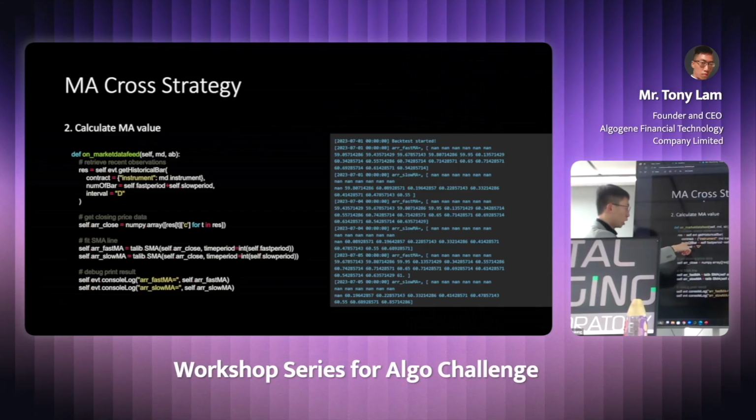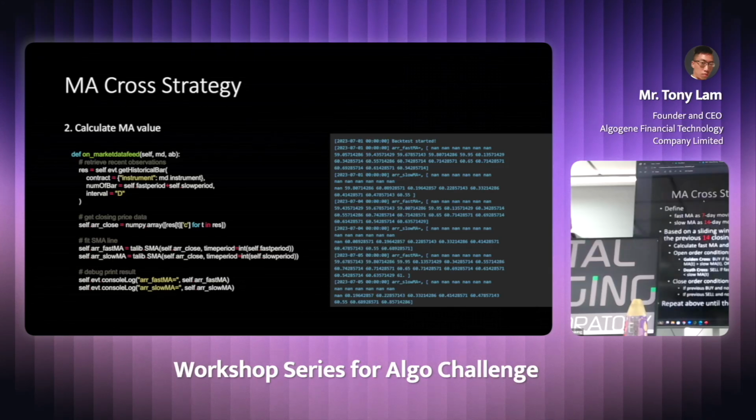Here we set the number of observations to be the fast period plus the slow period, just in case, to ensure that we have sufficient observations to calculate the fast MA and also the slow MA. This will be based on the TA-Lib library and the SMA function to calculate the simple moving average.